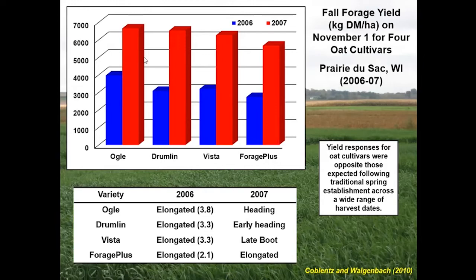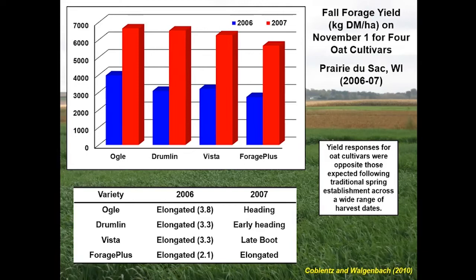But what you will notice is that the rapidly maturing grain types tended to out-yield the forage type and some of these more slowly developing grain types. And this is exactly backwards from what you would normally expect. And that caused us to scratch our head a little bit.